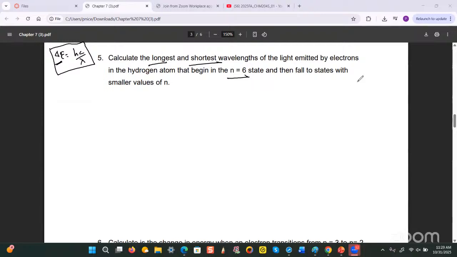So I like to use a diagram to represent what's going on here. What I'm going to draw here are the different orbits. Okay, already making a mistake.